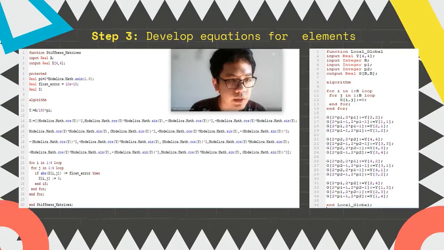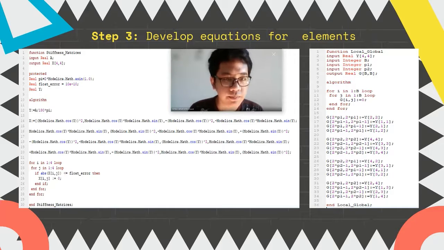The algorithm is basically the formula to operate the inside of the stiffness matrix and set the equations for the elements.